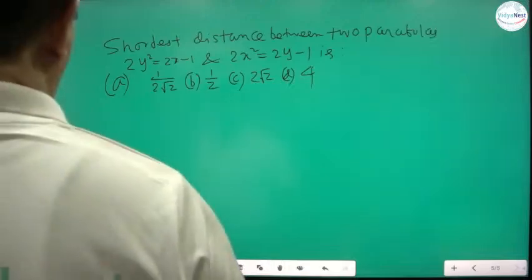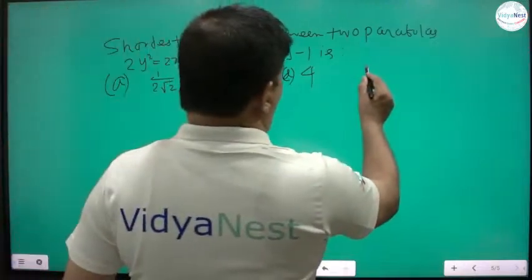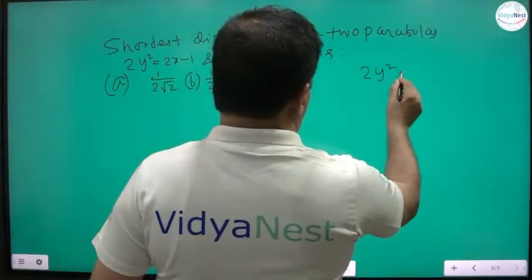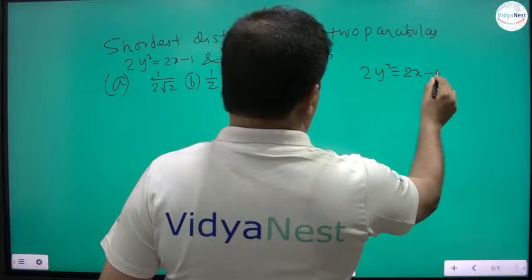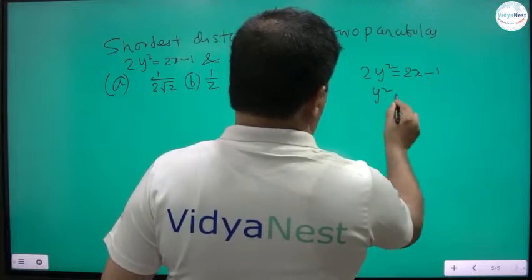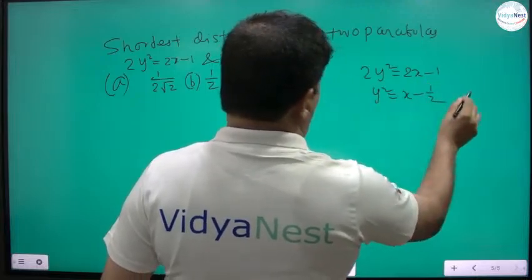First of all, we will draw the figure. First figure you see, y square is equal to x minus half.